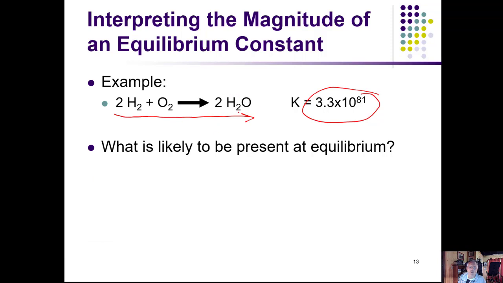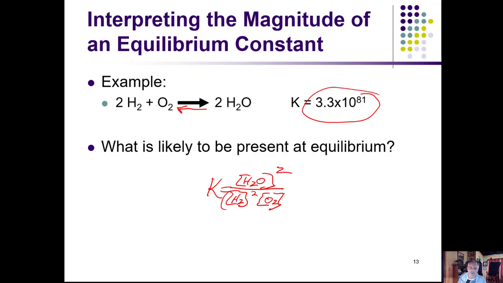So it's made water, and you have probably an unmeasurable amount of hydrogen and oxygen at equilibrium once this reaction gets there. Just remember how K is calculated. In this case, it would be H2O to the second power, and down here you would have H2 to the second power, and then O2 just to the first power.